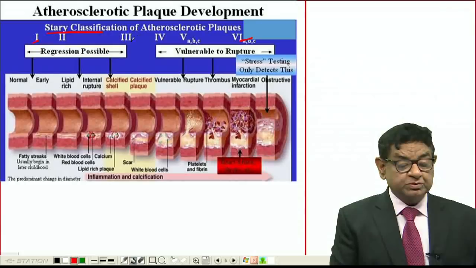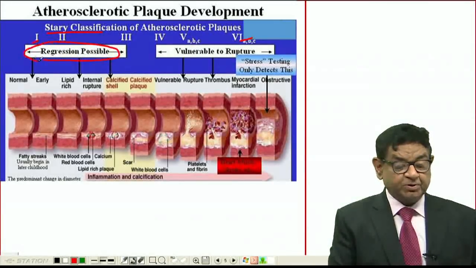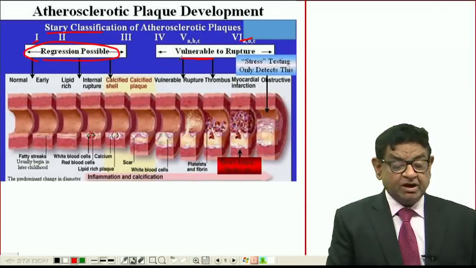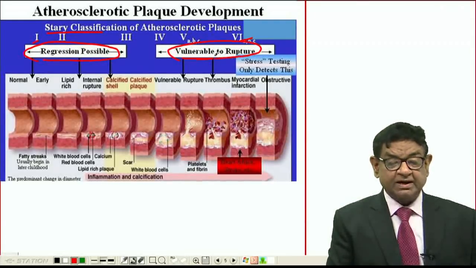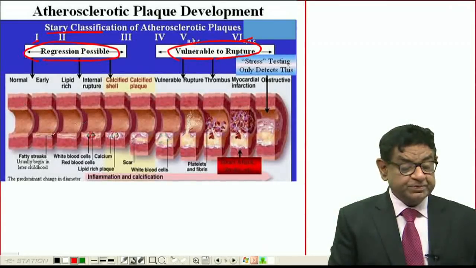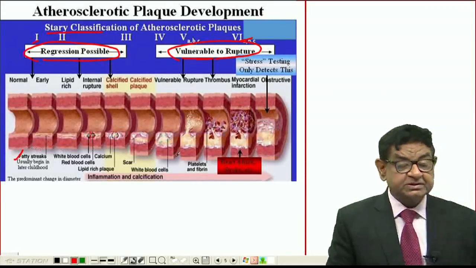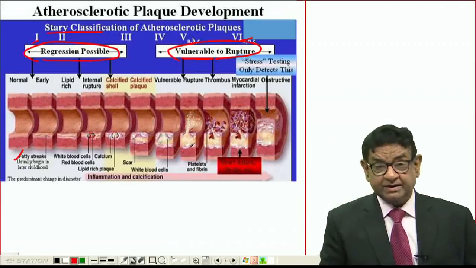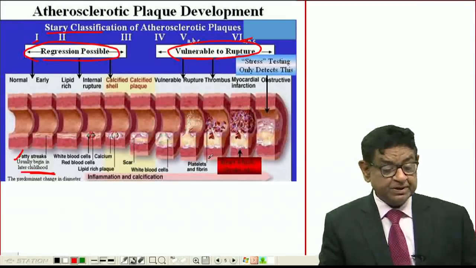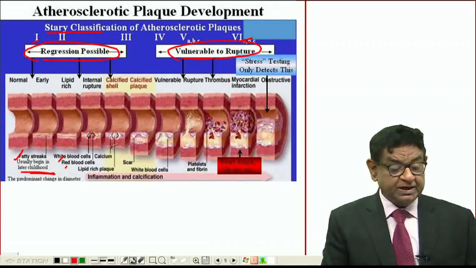We have studied classification from stage 1 to stage 6. Up to stage 1, 2, 3, if things are under control, regression is possible. But after that, regression is not possible. Rather, now they are vulnerable to rupture of the plaque. Now what is the plaque? Well, this is the normal coronary artery, and in the early stage, fatty streaks are developed, and point to note, this streak starts forming in childhood, and ultimately WBCs and RBCs come and unite with this fatty streak.